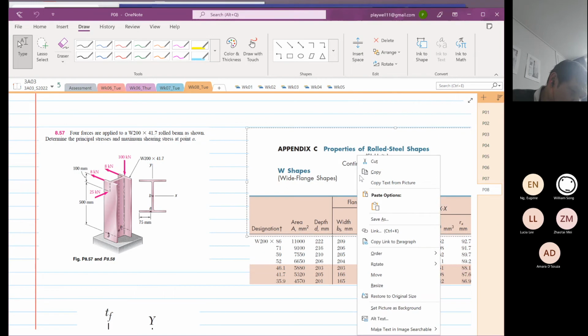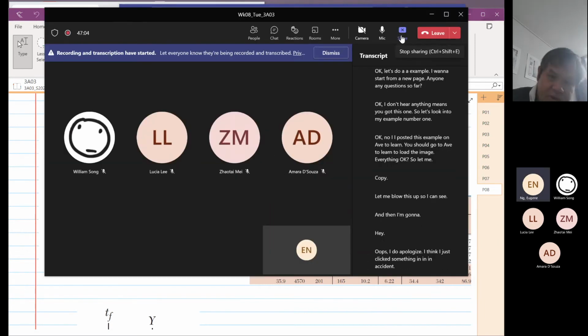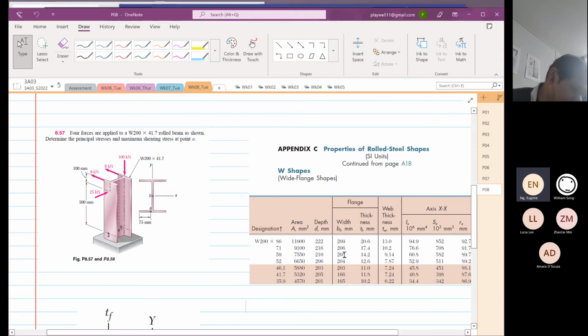Oops, I do apologize. I think I just clicked something by accident. Can you still see my screen? Oh, you can still see my screen.